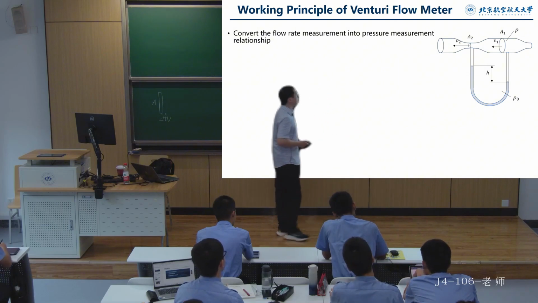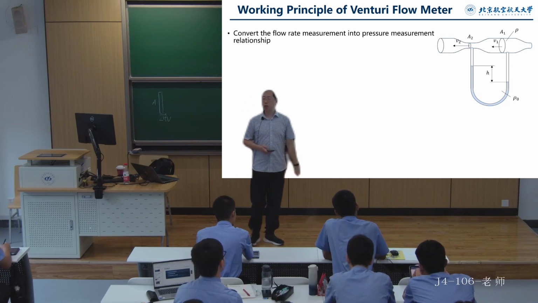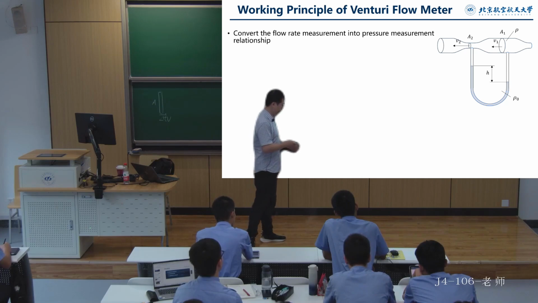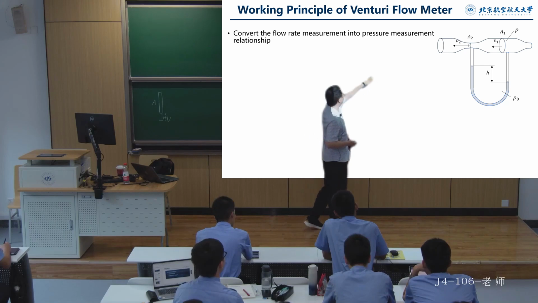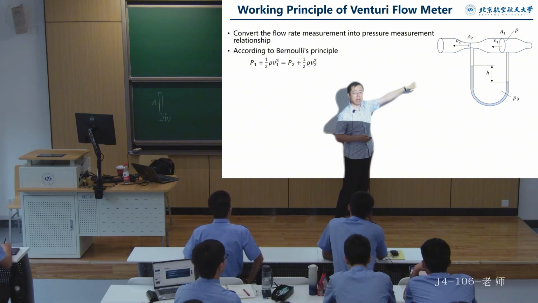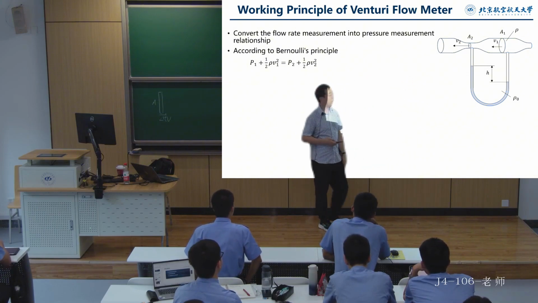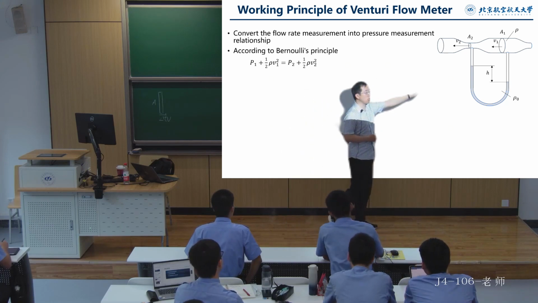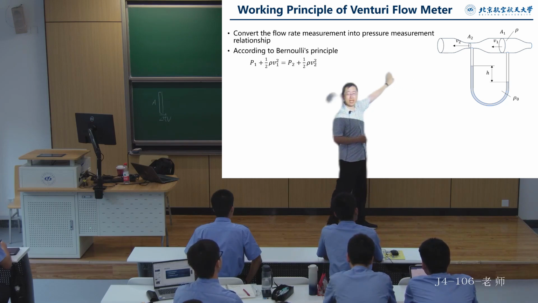First of all, within this Venturi tube, it satisfies Bernoulli's equation. At the first node, its pressure plus kinetic energy should equal the sum of the pressure and kinetic energy at the second section, right? Because we have placed such a U-shaped tube, we can calculate the pressure difference between the two sides, right?